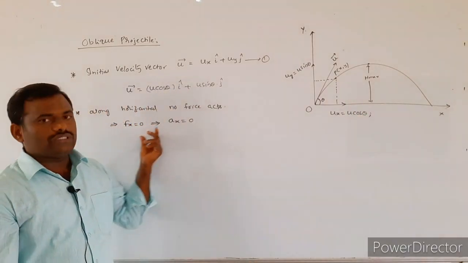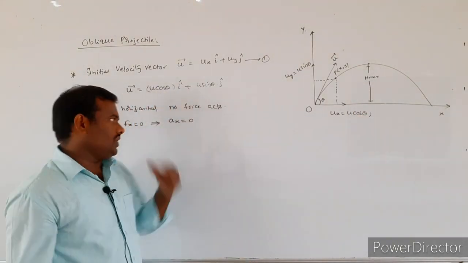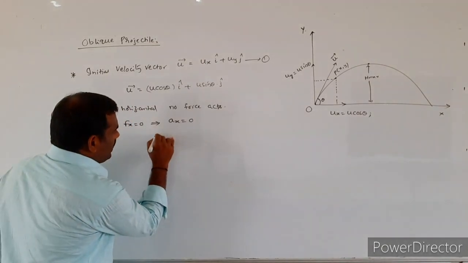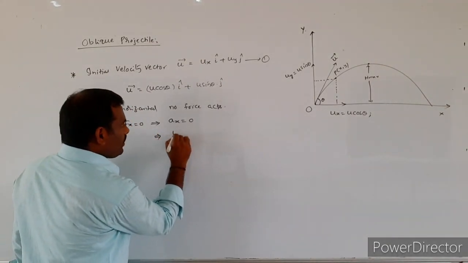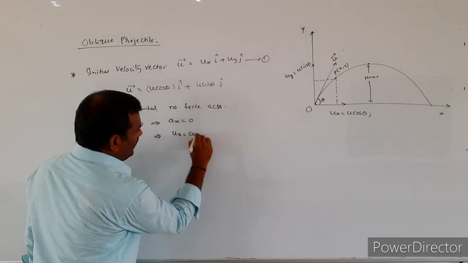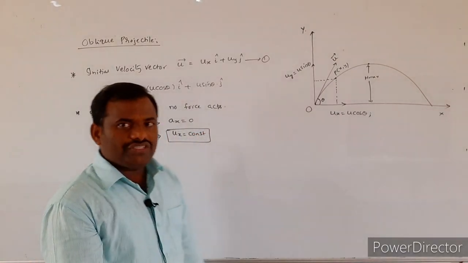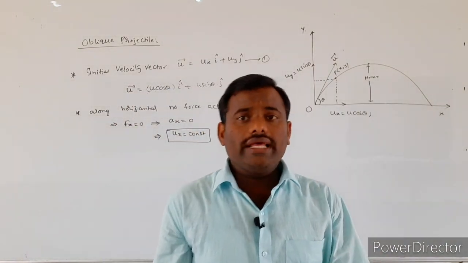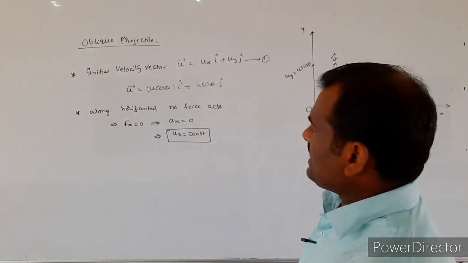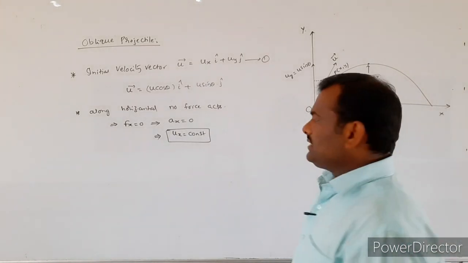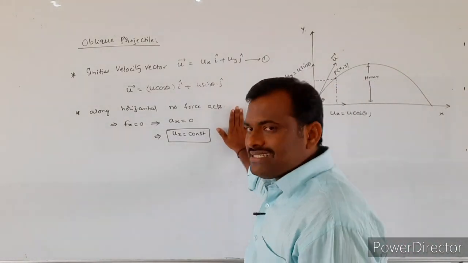If force is 0, acceleration is also 0. If acceleration is equal to 0, the velocity along the horizontal direction will remain the same.